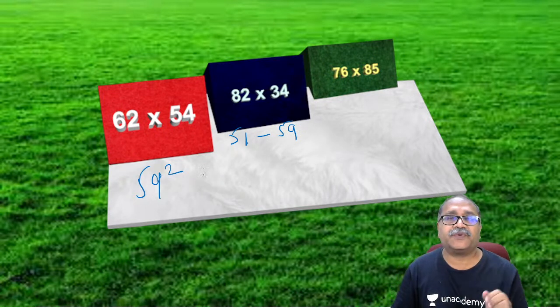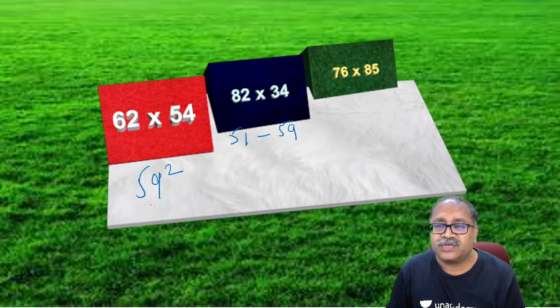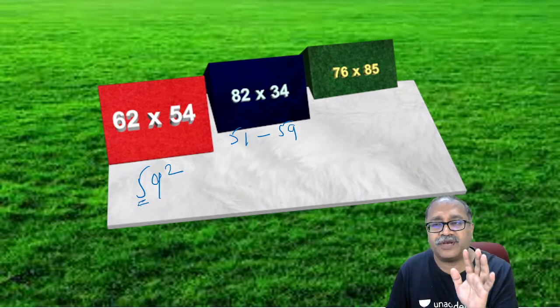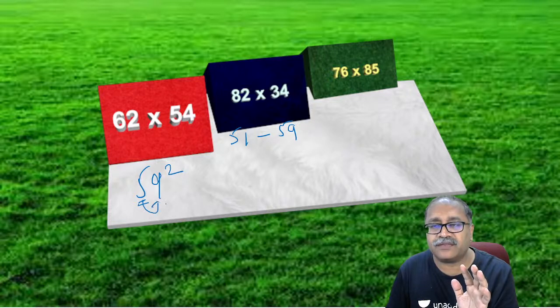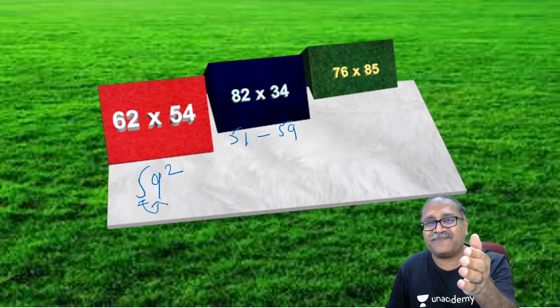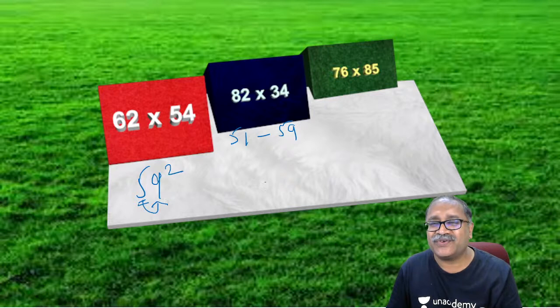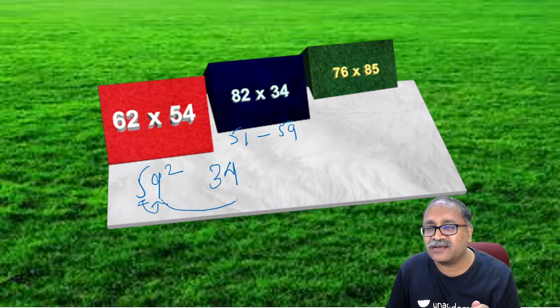What is that special approach? Take the 5 square, 25. 25 plus 9 is 34. So write down 34 over here, followed by 9 square, and that is 81.